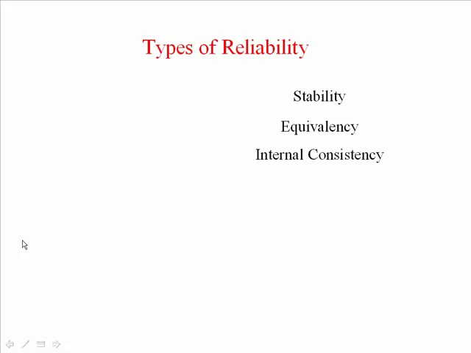And generally speaking, internal consistency is simply going to be determined through the use of a standard formula. Some of the more common approaches would be a Kuder-Richardson formula or a Cronbach alpha technique.